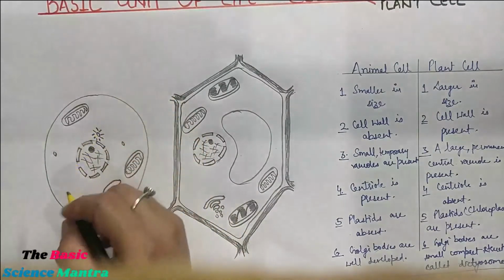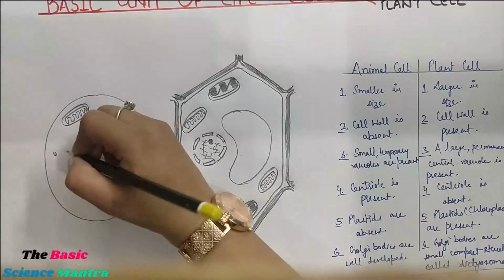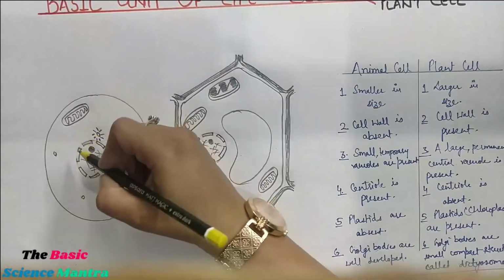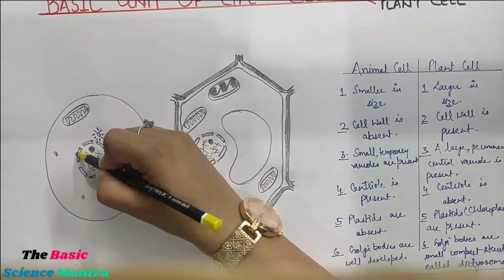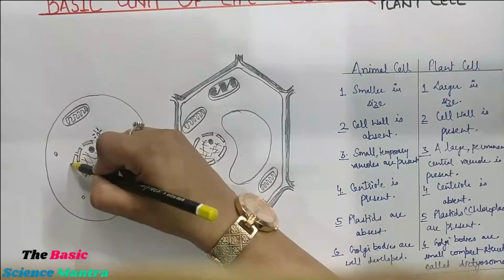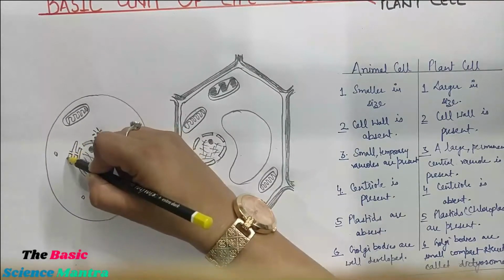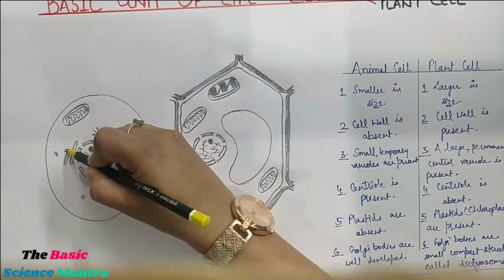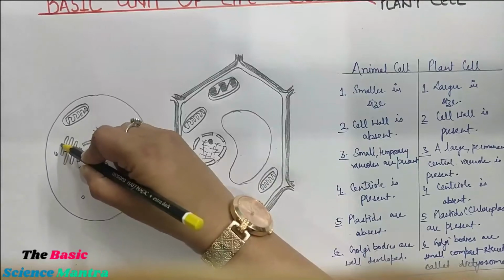Now we'll draw the endoplasmic reticulum. Endoplasmic reticulum is of 2 types, smooth endoplasmic reticulum and rough endoplasmic reticulum. See how we'll draw it. From the nuclear membrane, a stalk-like structure, then a disc, stalk, disc, stalk and disc.